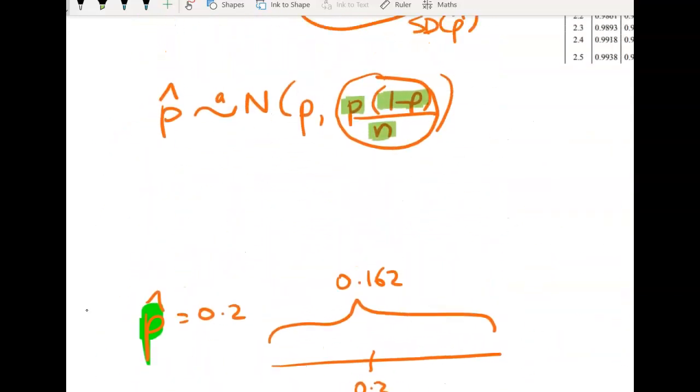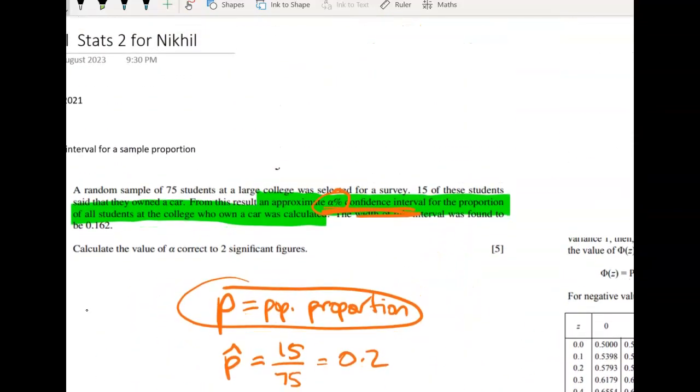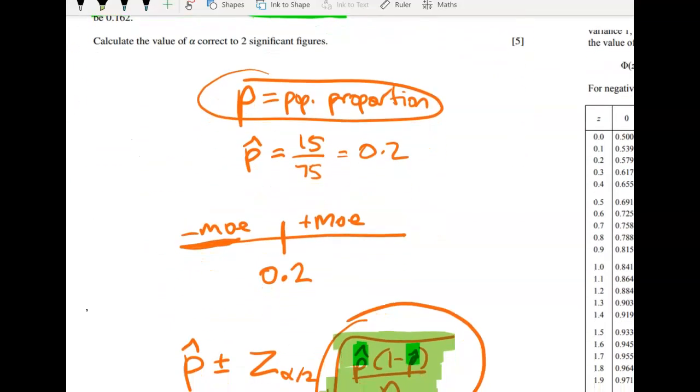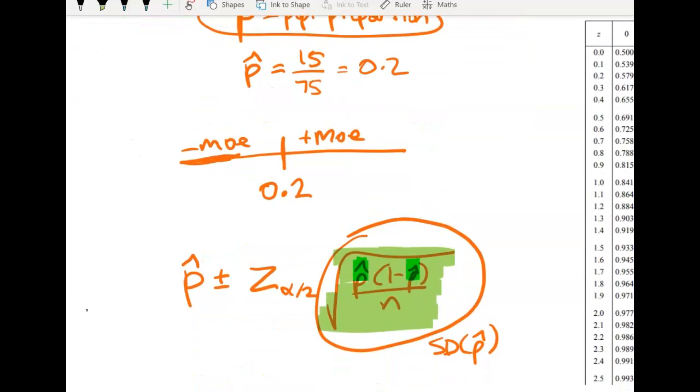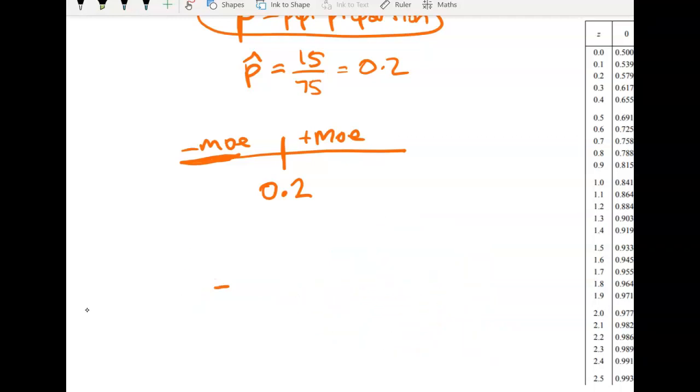So while I'm here, I'm going to talk about confidence intervals for the mean because they fit a very similar pattern. For my confidence interval for a proportion, the middle of it is going to be my sample proportion. Let's just look at the two cases. We have P hat plus or minus my z value times my standard deviation.